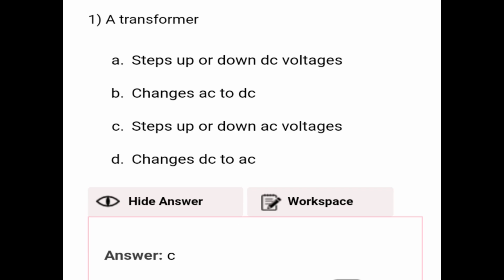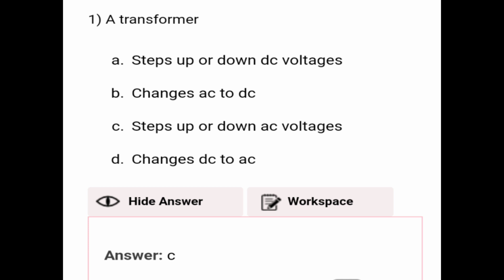So the first question: a transformer is used to step up or step down DC voltage, change AC to DC, step up or step down AC voltages, or change DC to AC. The correct answer is option C, step up or step down AC voltages.